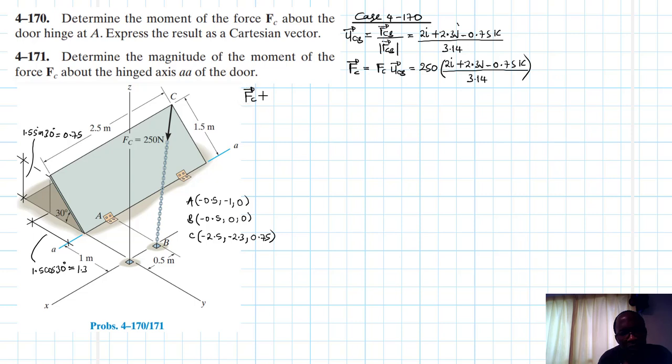Fc is therefore going to be equal to, let's do the multiplication. 250 times 2 divided by 3.14 gives us 159.24i.